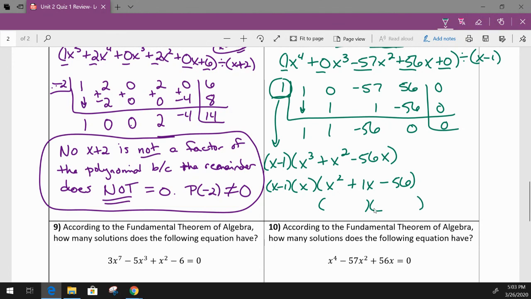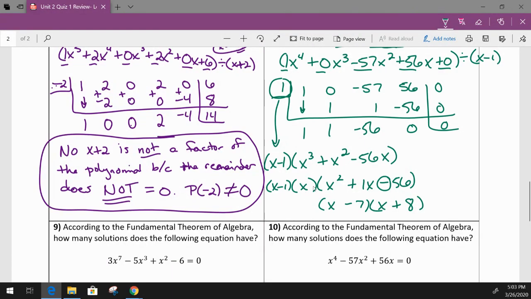It's a basic trinomial. The x squared can factor into x and x. Two numbers that multiply together to equal 56, but subtract or have a difference of 1, are 7 and 8. Since the 56 is negative, I'm going to have opposite signs. My signs have to be different, but the larger one has to be positive so that I'll get that positive 1 in the middle.